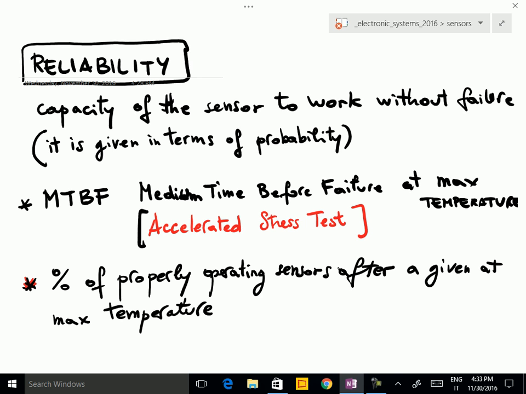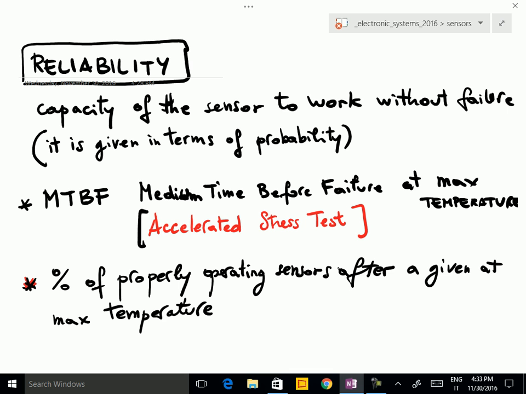The two things are correlated, so they are not given at the same time. According to some models, one can go from one type of indication to another type of indication of the reliability. But of course, you need to have a model of the reliability, which means a model of the distribution of the lifetime and a model of the effect of temperature on the lifetime.